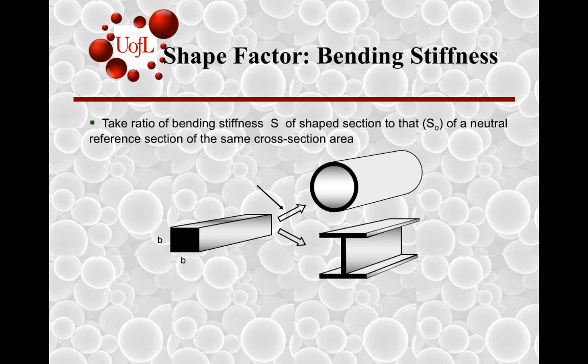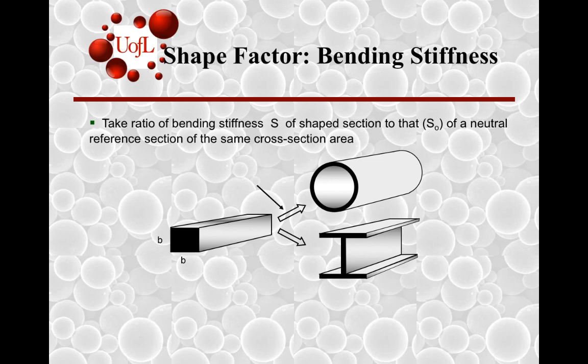For this, we will introduce the concept of shape factor. And given that shapes not only depend upon material aspects, but also on the loading, let's look at stiffness limited designs in bending loading.